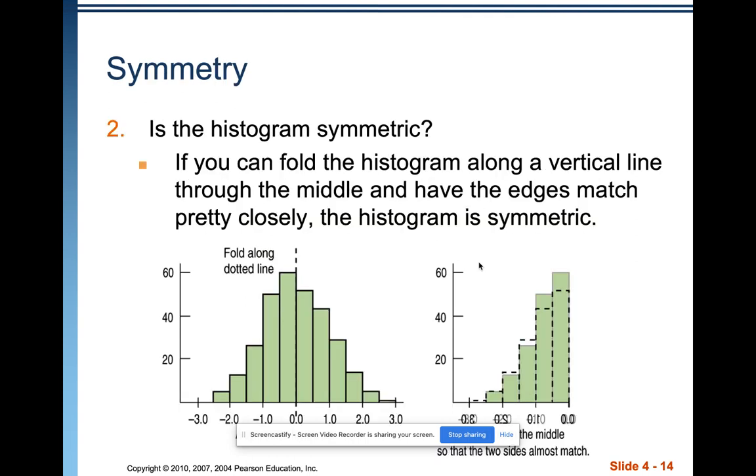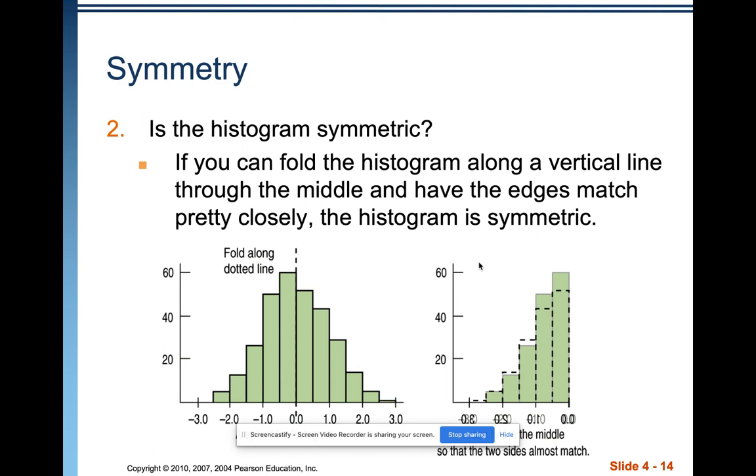Okay, so now let's talk about symmetry. The question is, is the histogram symmetric? It's essentially the same idea of symmetry that you've had throughout mathematics. Basically, if you can draw a vertical line through the middle and flip the edges over, they would match pretty closely.